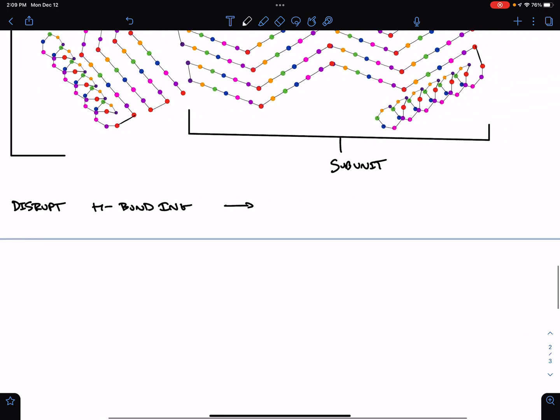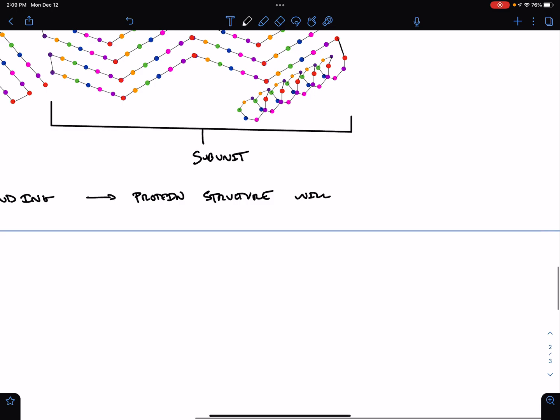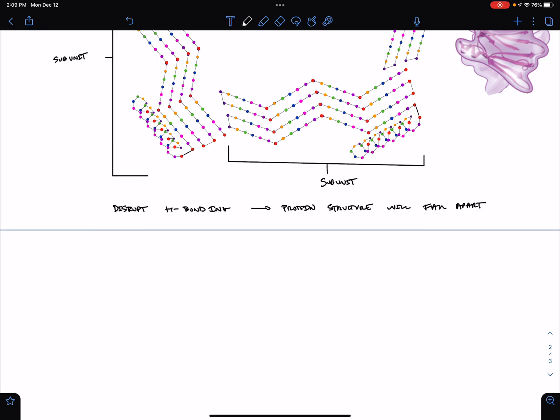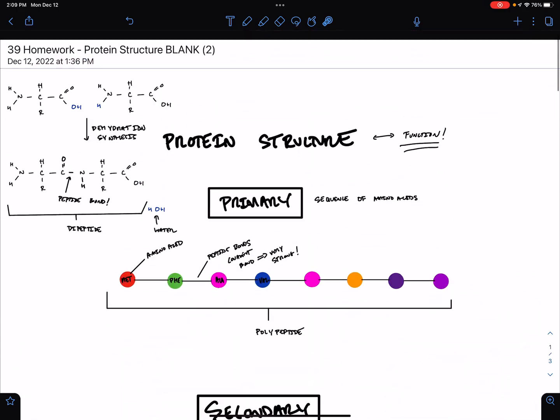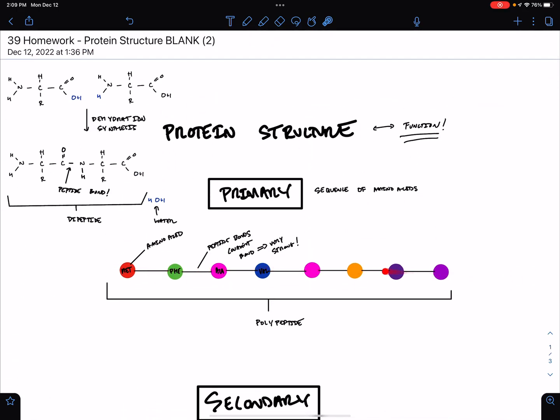The protein structure will fall apart. And the protein, which takes on this three-dimensional shape, will return to the primary linear structure.